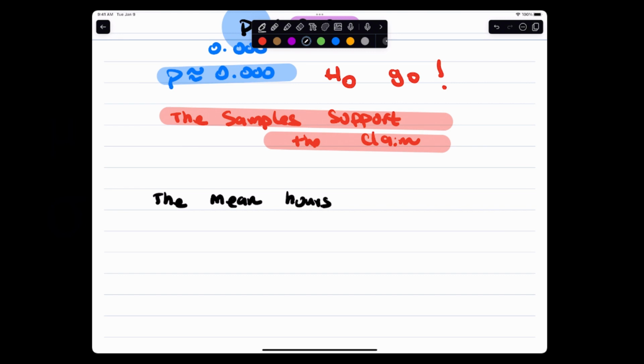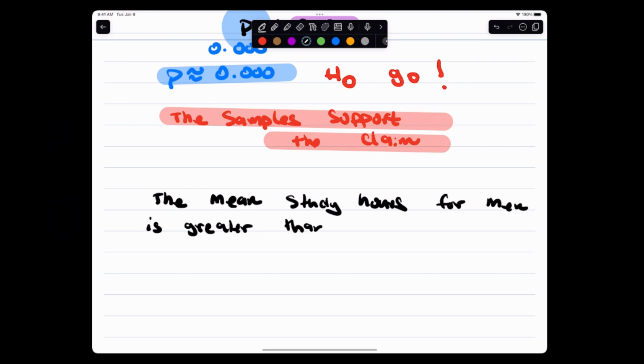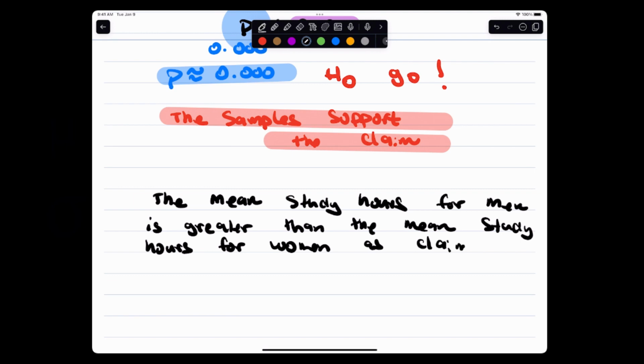The mean study hours for men is greater than the mean study hours for who? For women, as claimed by who? Snodgrass.